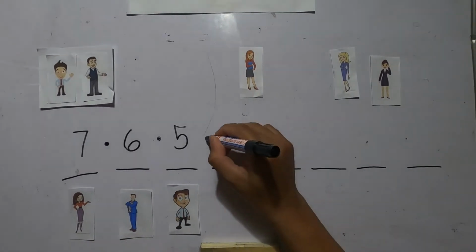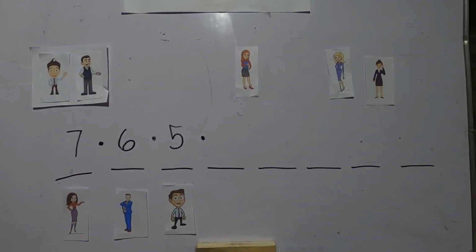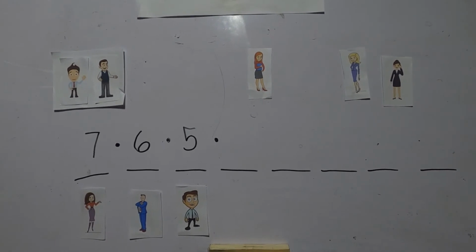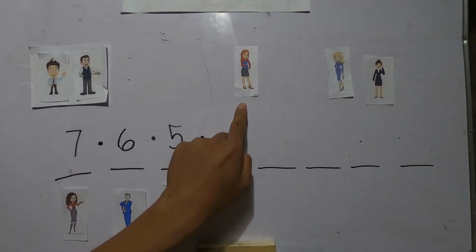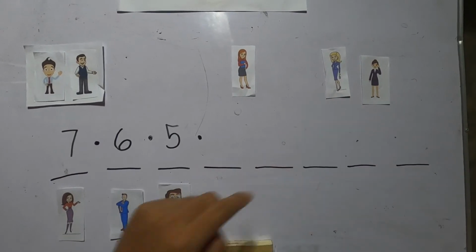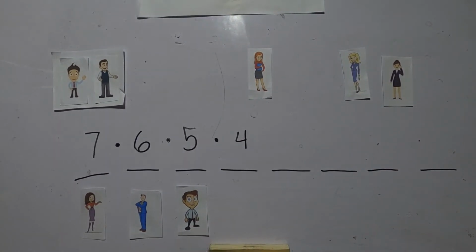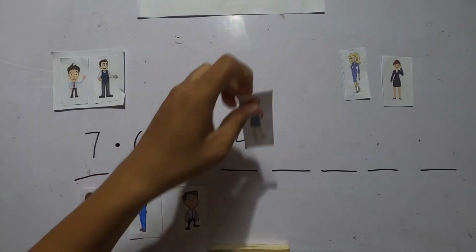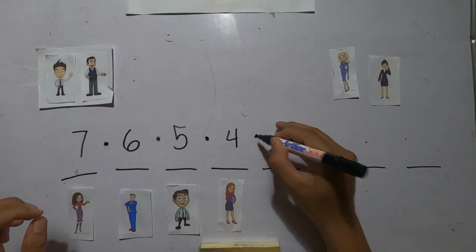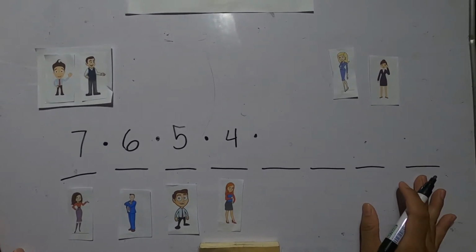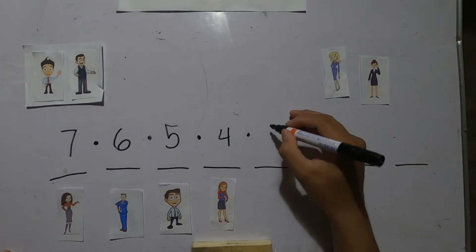So the fourth chair has only 4 possible outcomes remaining: 1, 2, 3, 4. And suppose the fourth chair has been occupied, this pattern will continue until the last chair has been occupied.